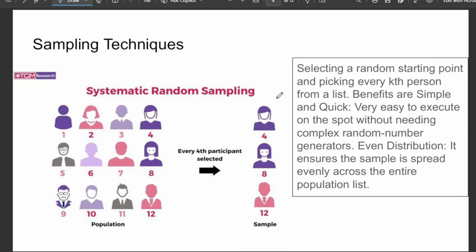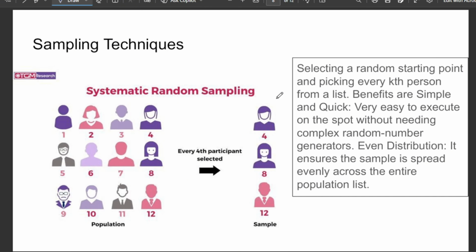For example, inspecting every 50th bag of chips on a factory assembly line, or in this case, there are 12 samples, and we select every fourth person, which means the fourth person, the eighth person, and the 12th.